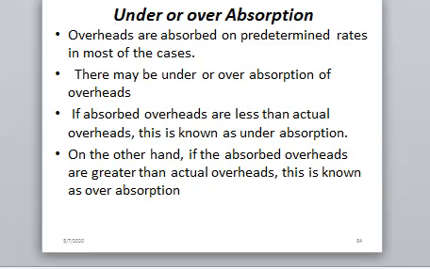If it's an under absorption, you under absorbed the overheads. For example, you had estimated to produce 10,000 units, and the overhead that you included was calculated on 10,000 units. But when you went to production, you produced 9,000 units.